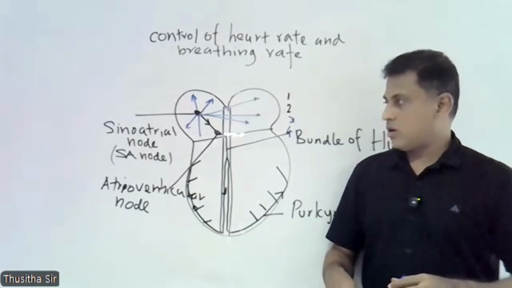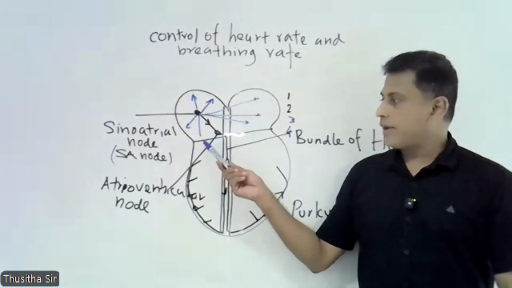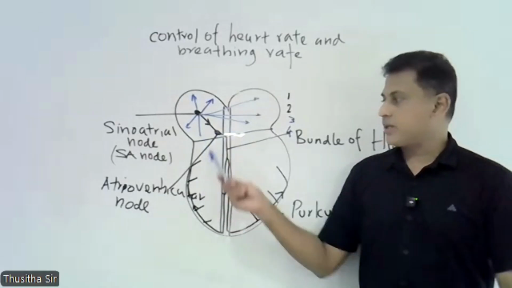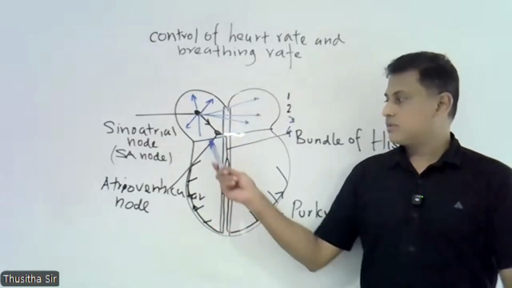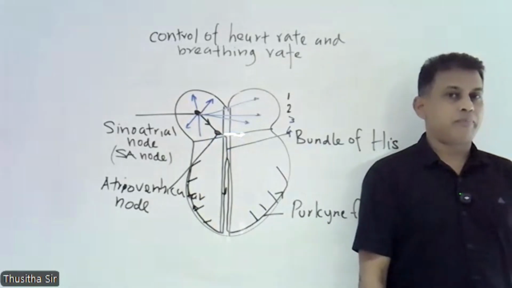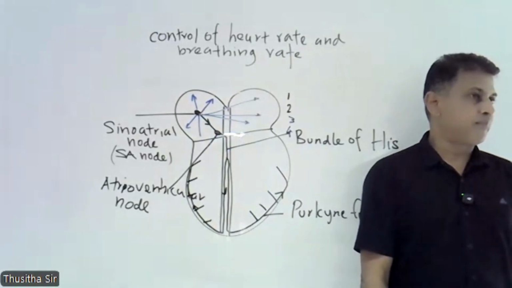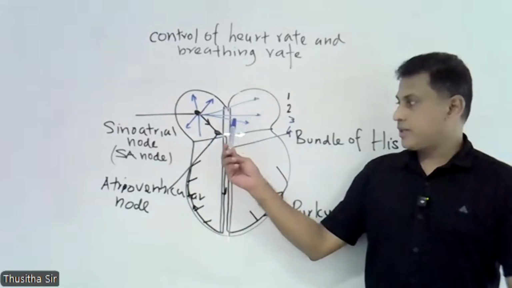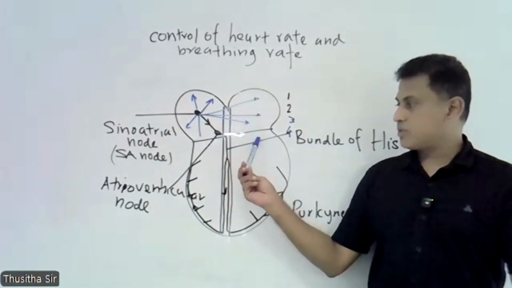Now, did you think about why the depolarization does not spread to the ventricles? If it's going through the atria, then it could jump to this place.